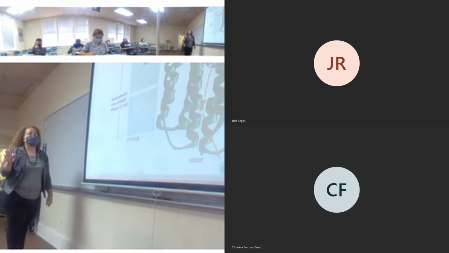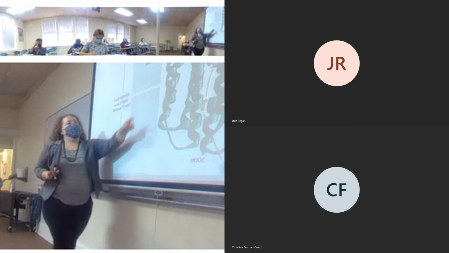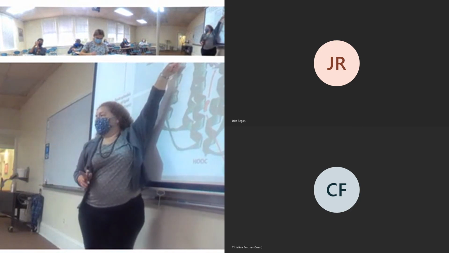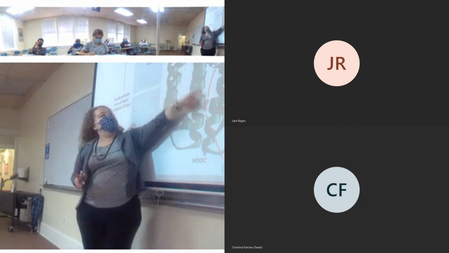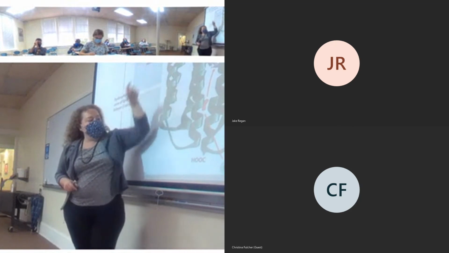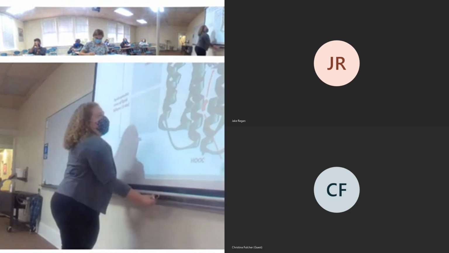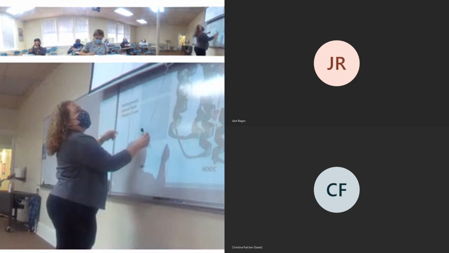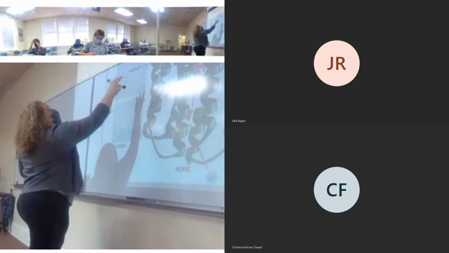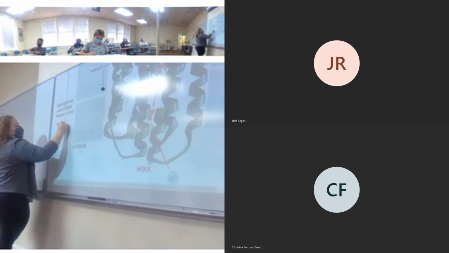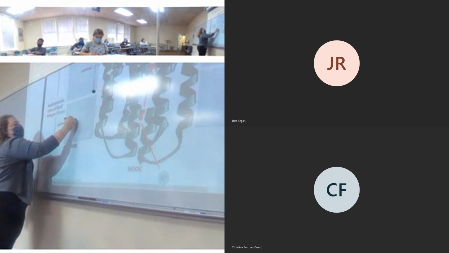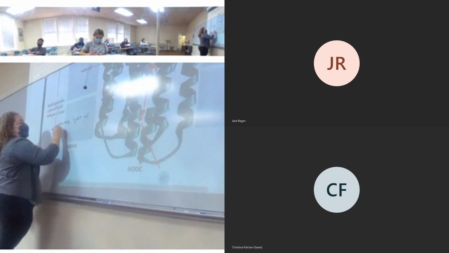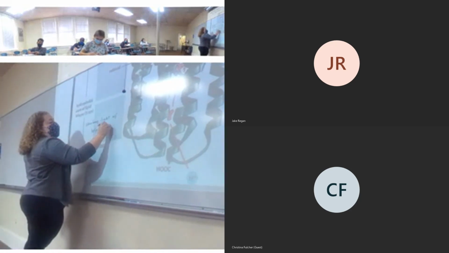It's absorbing light using this retinal coenzyme. And it's using light energy to directly pump protons out of the cell. So it's absorbing light with the help of a coenzyme, retinal.